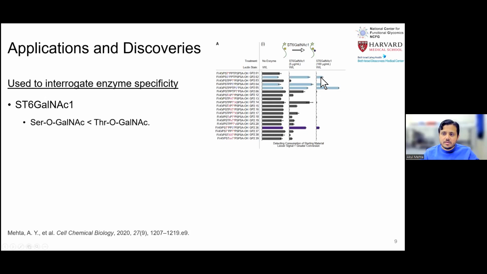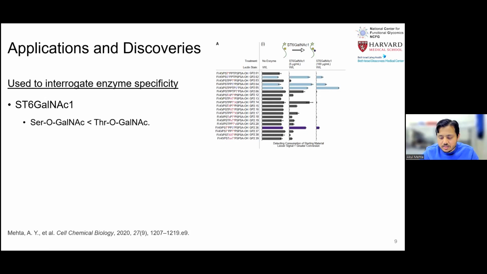The difference, obviously, what we noticed was that the serine containing or GalNAc containing peptides, which are shown here, seem to be more resistant or slower in reaction with these enzymes as compared to threonine GalNAc. And there are previous reports of this phenomenon with ST6GalNAc1, which shows a structural reason to why this happens.